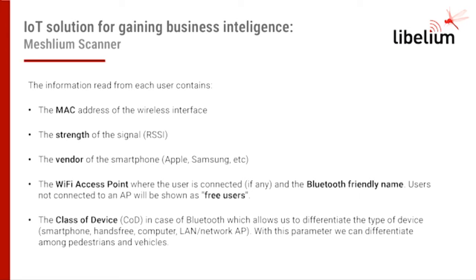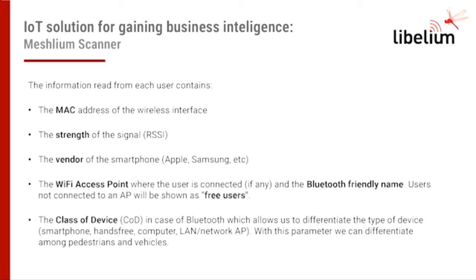Also, we will be able to know the location of this device through the strength of the signal. We will be capable of knowing the distance between the scanned device and the scanner through the RSSI signal.